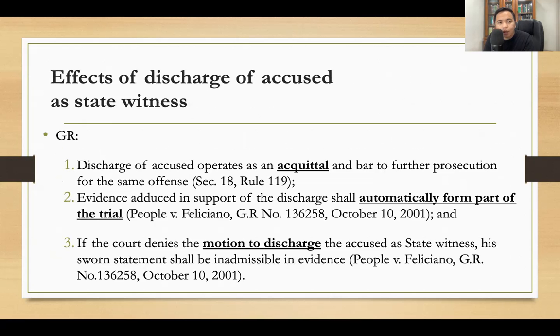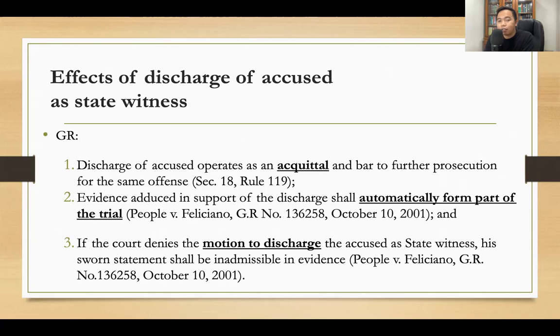Okay. Now, what are the effects if an accused is discharged as a state witness? As a general rule, such act on the part of an accused will have the effect of acquittal. Now, if the accused is discharged as a state witness, then that discharge will amount to an acquittal.